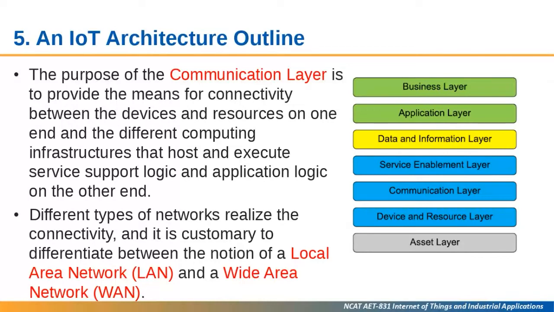You can think of the layers as a process of using the IoT concept. For the asset layer, we have the objects or the physical items of interest, right? The machines, the people, and other things. And then we use the device and resource layer, which includes the sensors, actuators, and those RFID devices, to control the physical machines.